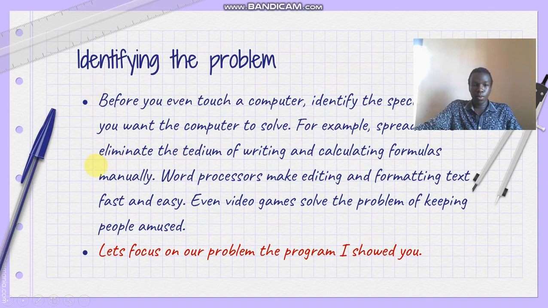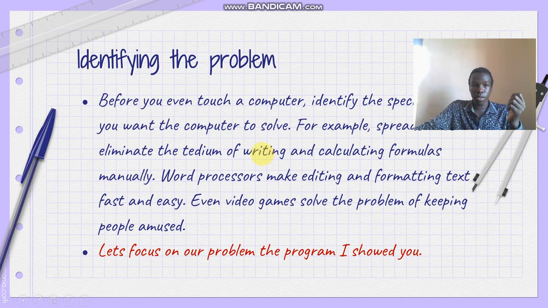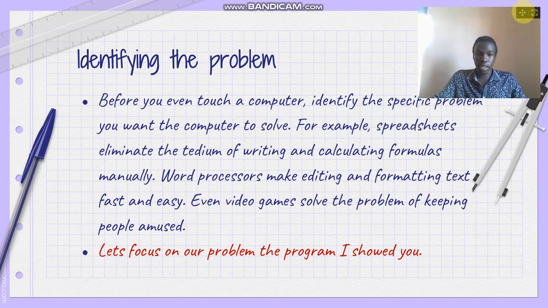So now our problem is this. The next thing in programming is called identifying the problem. For example, we need to calculate the interest of a client. We also need to calculate the amount that the client is going to bring back, when you have added the interest plus the money the client is taking.